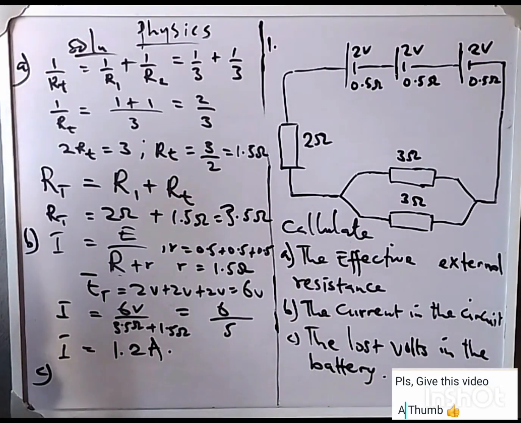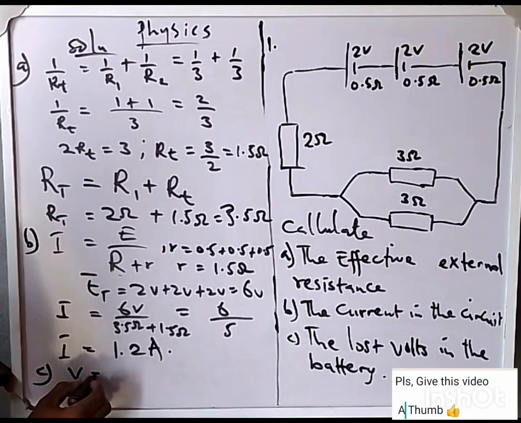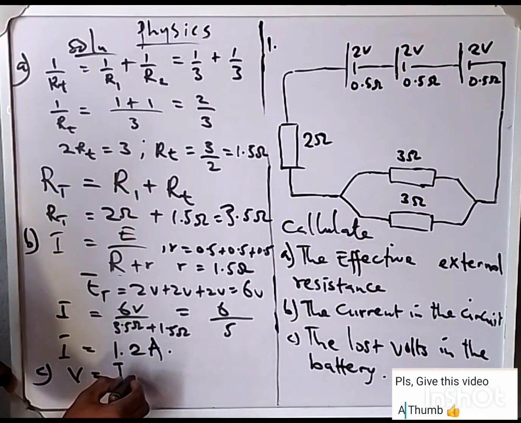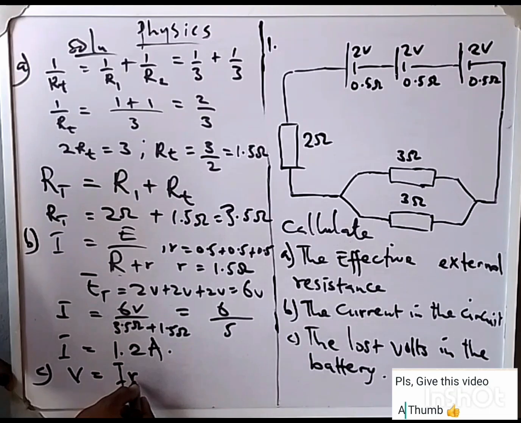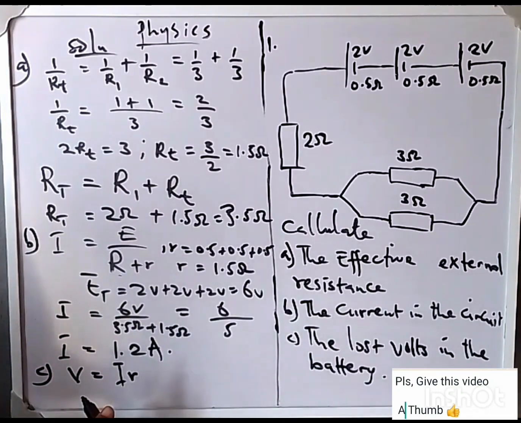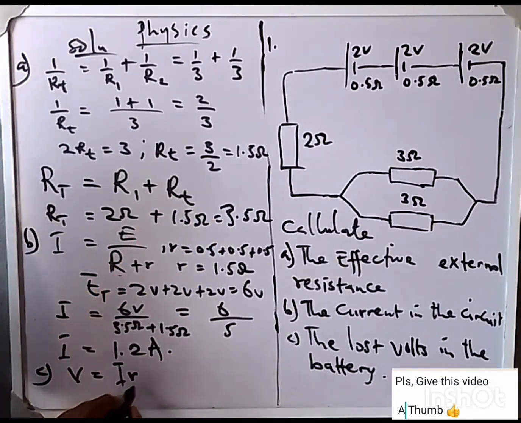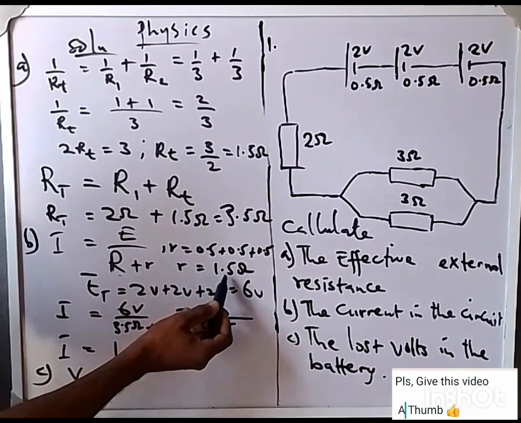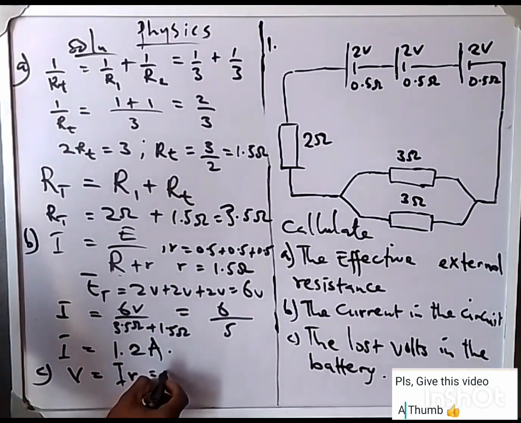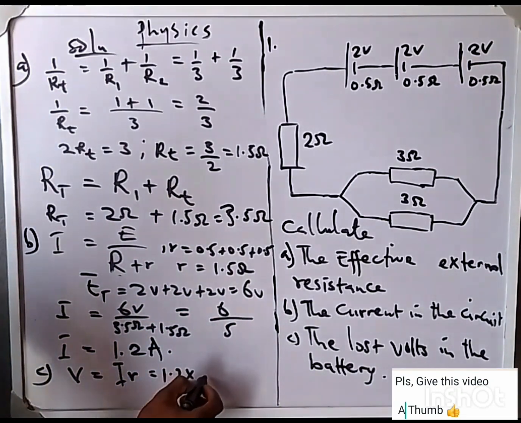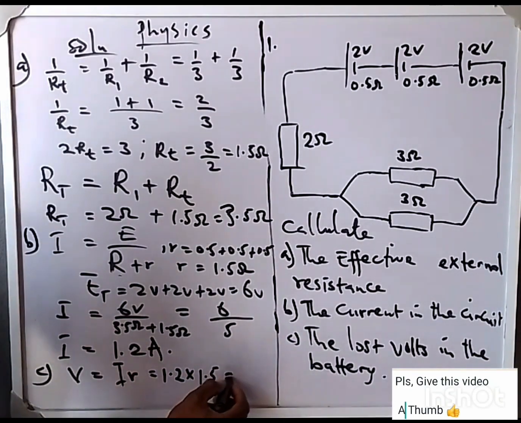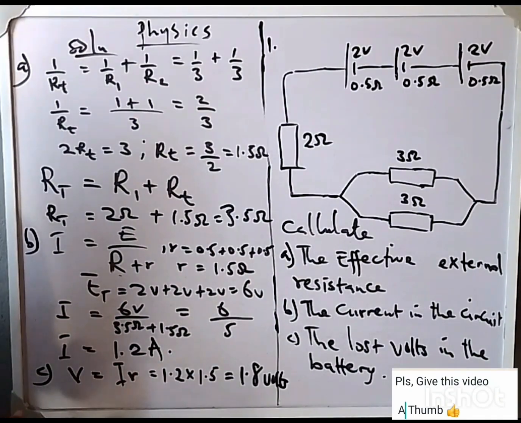The lost volt in the battery is V equals I, the current in the circuit, multiplied by r, which is the resistance found in the cells. And we have calculated the resistance in the cells to be 1.5. So this is going to be 1.2 multiplied by 1.5, so the lost volts in the battery is equal to 1.8 volts.